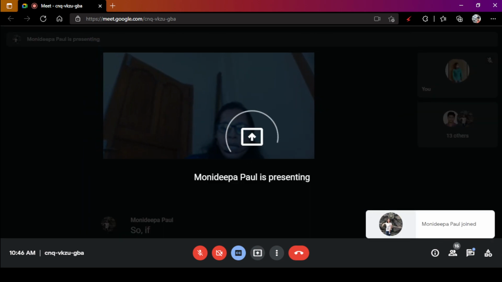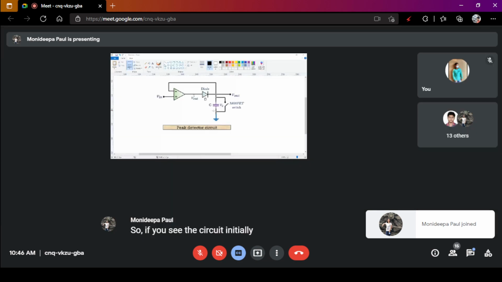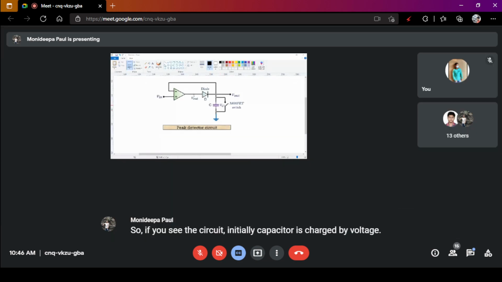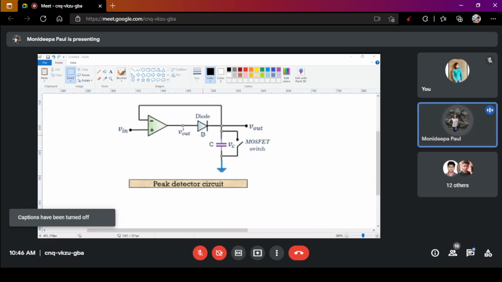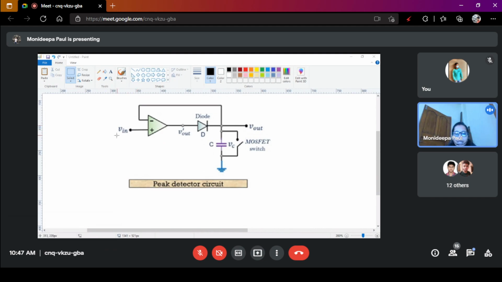So, if you see the circuit, initially the capacitor is charged by voltage Vc. If we apply any signal here, that is Vin, the diode will be forward biased or reverse biased depending on the Vc and Vin voltage. If Vin is greater than Vc, then the diode will be forward biased, the capacitor voltage will increase, and we get the output voltage here. If the input voltage is less than this, the diode is reverse biased.